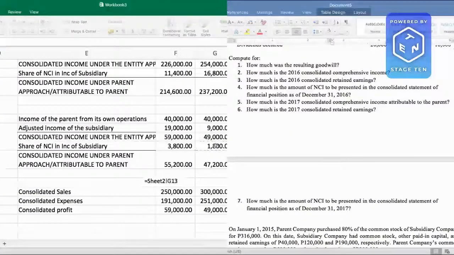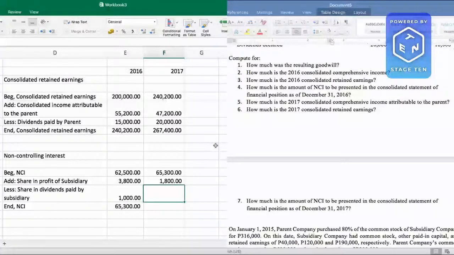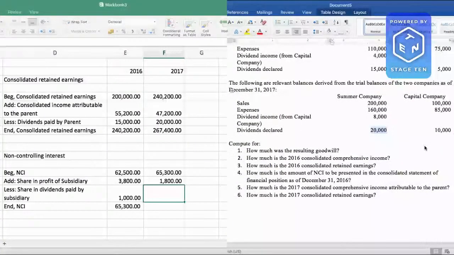It is 1,800. Now share in the dividends paid by the subsidiary. Go back to the problem. How much dividends was declared by the subsidiary in 2017? 10,000. Okay, how much was given to the minority shareholders? Only 20%. So 20% of 10,000 would be 2,000.